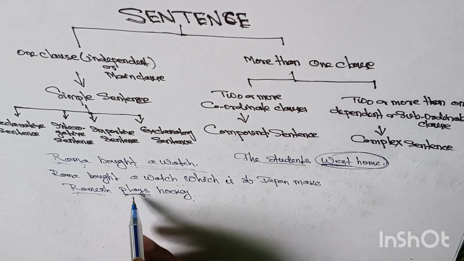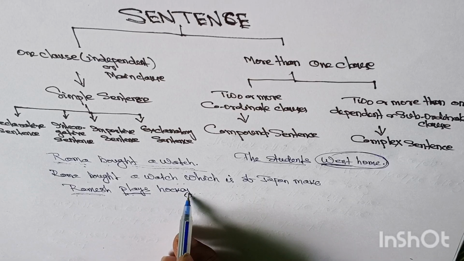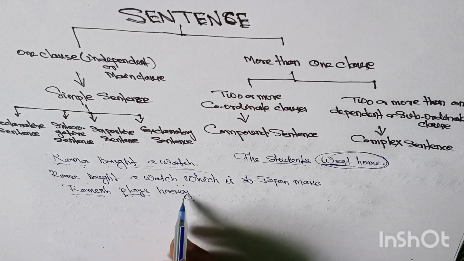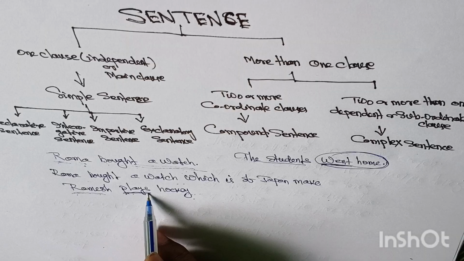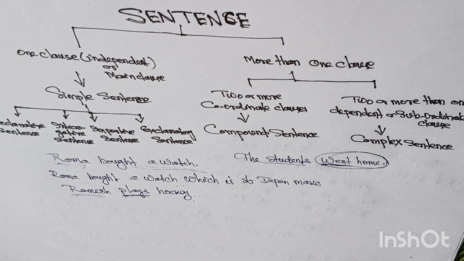Ramesh is the subject, plays hockey is the predicate. In the predicate part, plays is the finite verb. Similarly, you can identify the finite verb in other sentences.